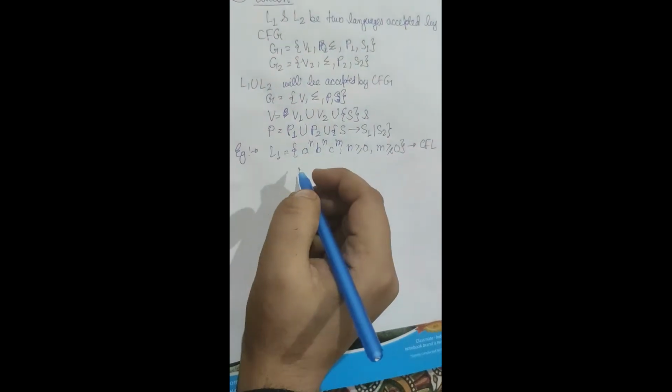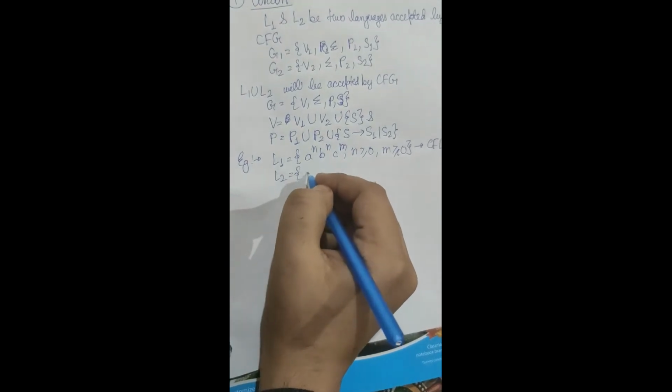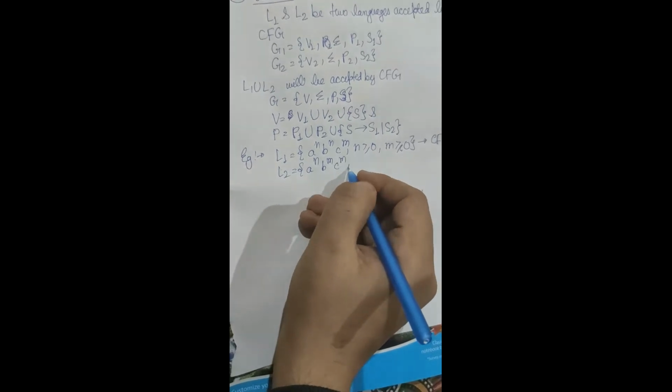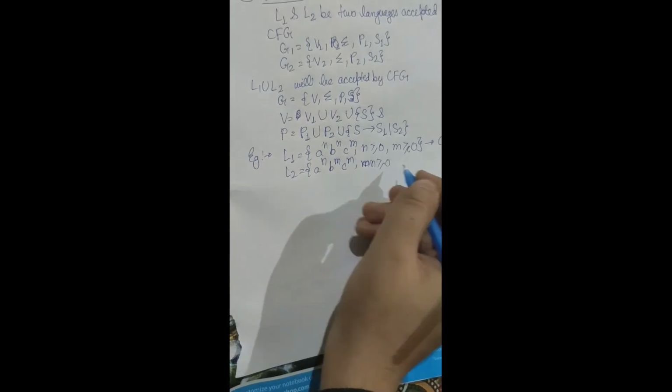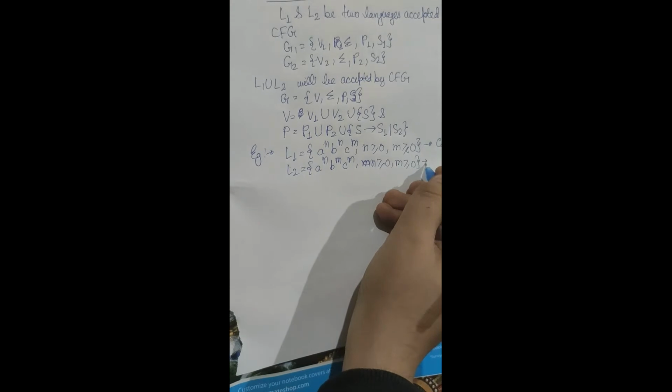And L2, A raised to the power n, B raised to the power m, C raised to the power m, where n and m are greater than or equal to 0, is also a context-free language. For m B's that we push into the stack, we can pop m C's, so it is also a CFL.